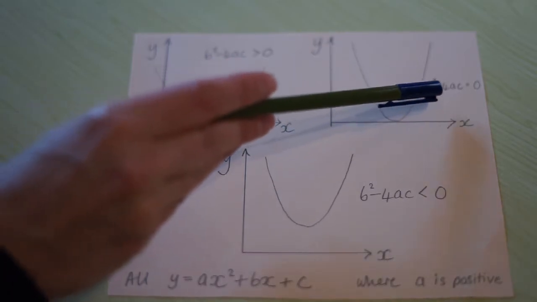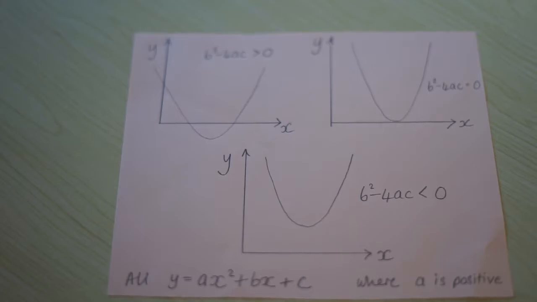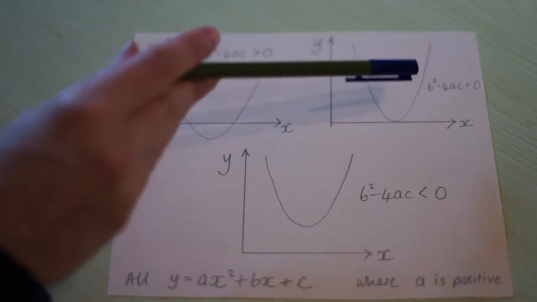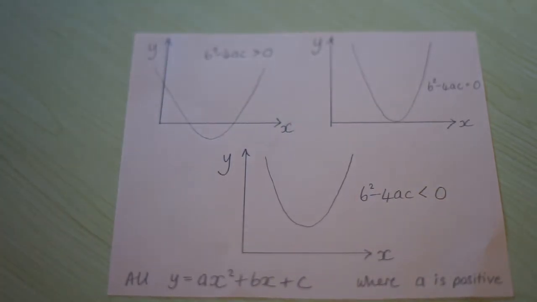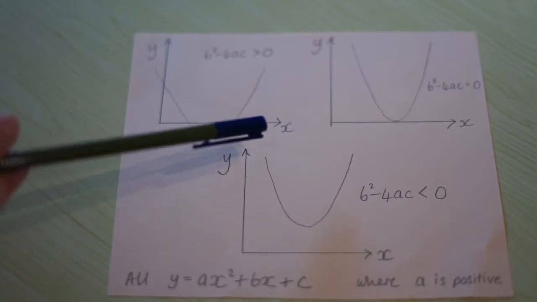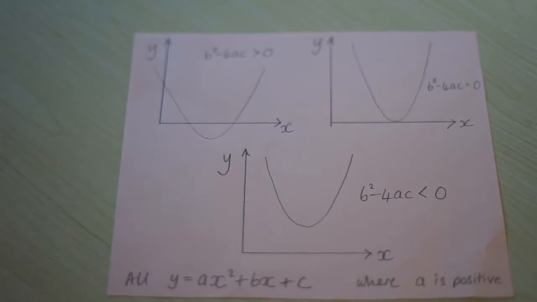If the discriminant is equal to 0, we can see from that graph, it just touches the x-axis, and we would have one solution or one root. And in the bottom one just here, the discriminant is less than 0, so we can't square root it, so there are no roots or solutions.